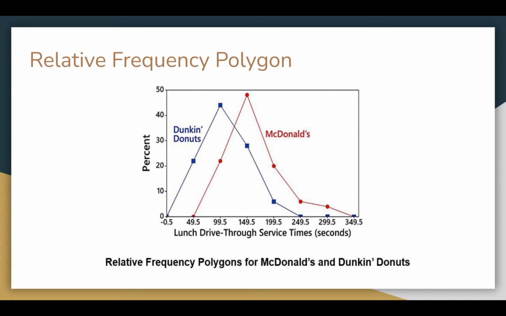It might be helpful because when we can see them together, graphed together, you can really see the drive-through times and the percents, and you can really compare the McDonald's and Dunkin' Donuts drive-throughs.